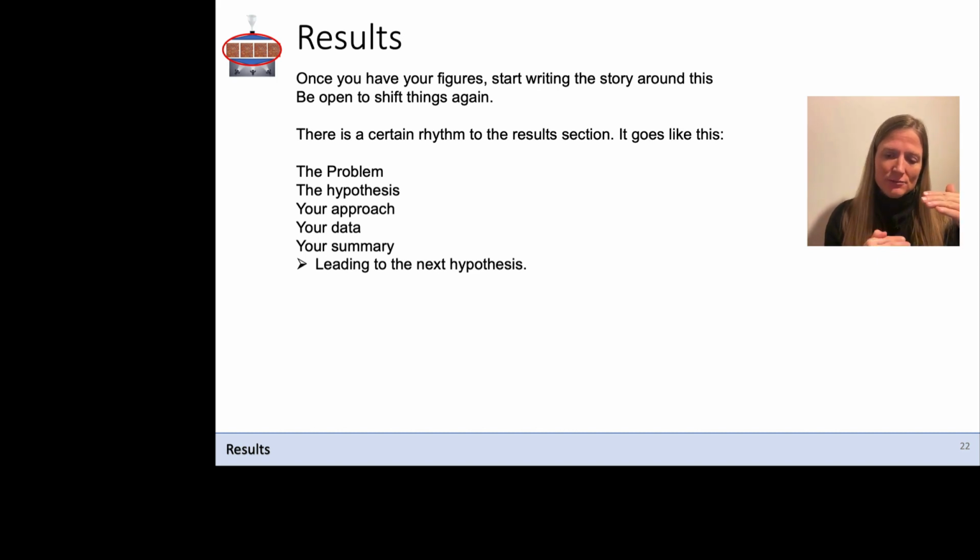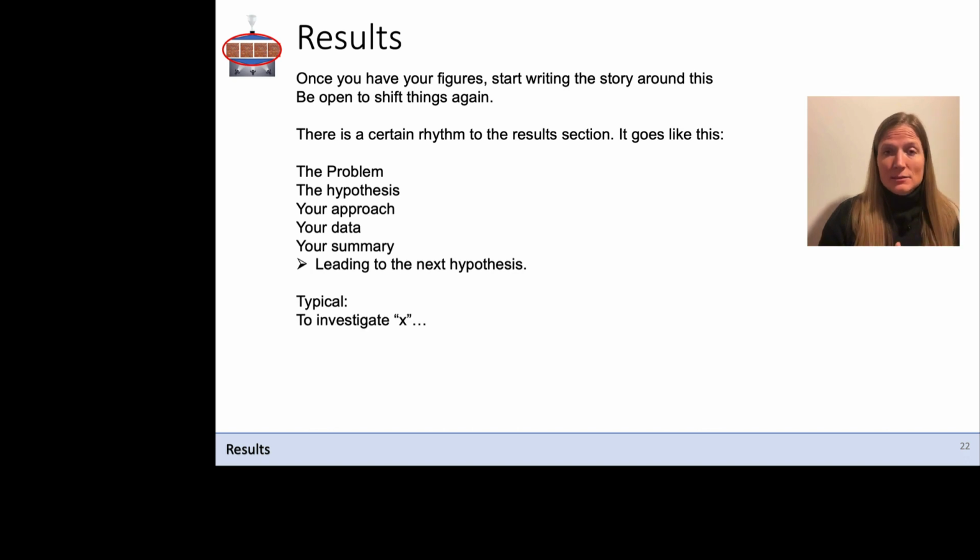Every paragraph describing a particular figure or parts of a figure states again the hypothesis or what the overall problem was, what the gap of knowledge is, what you aim to do, and then how exactly you did this, your data, and a short statement of the main message of this data.